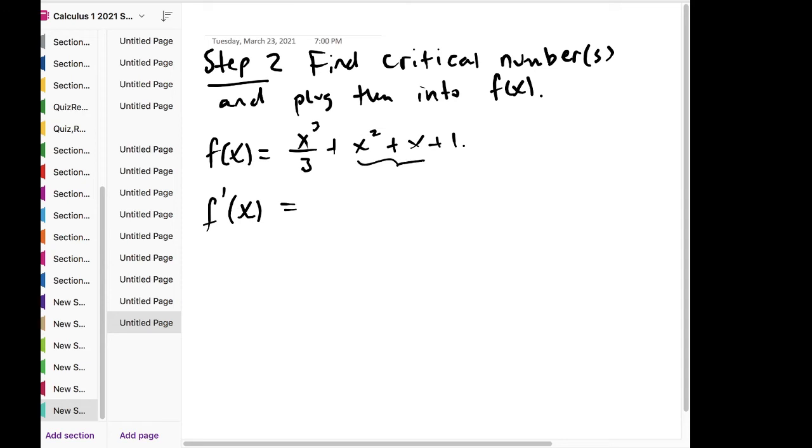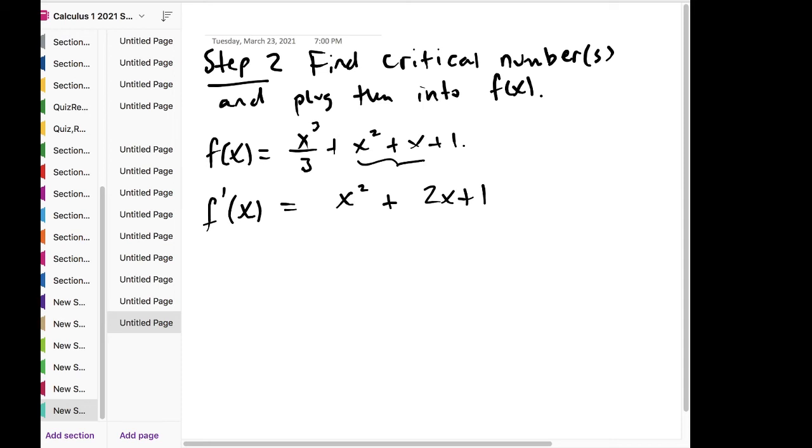And then what about this one? x squared, yeah. So x squared plus 2x plus 1.